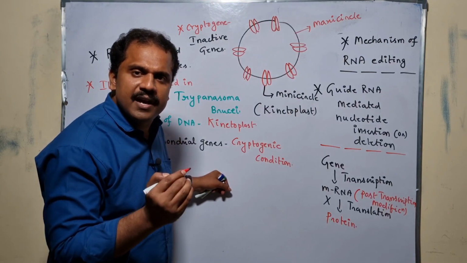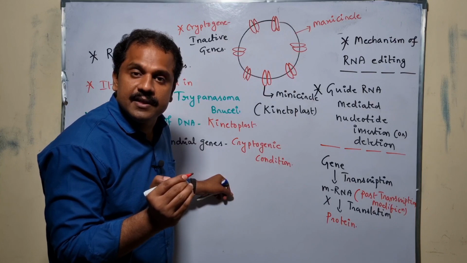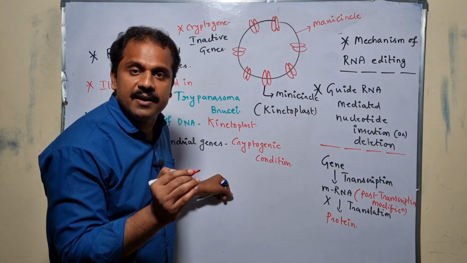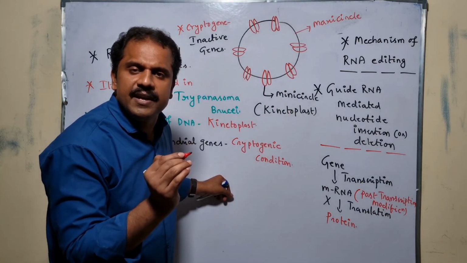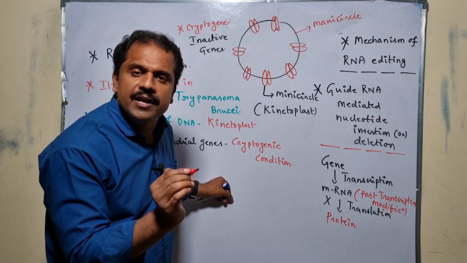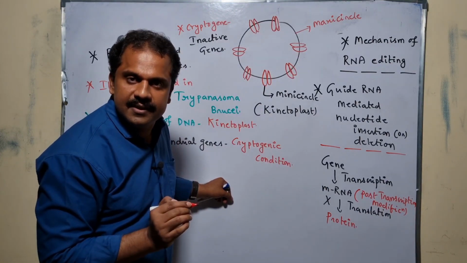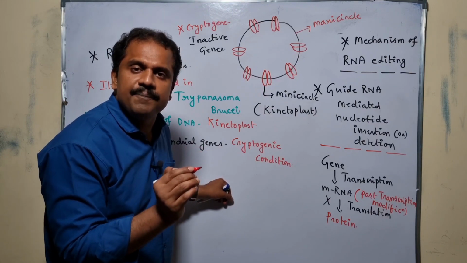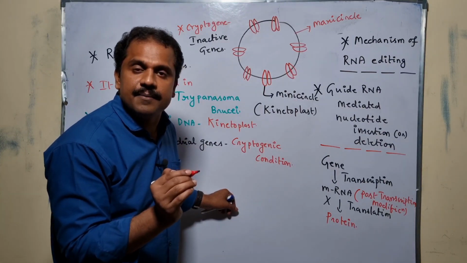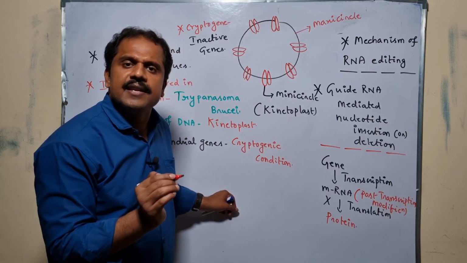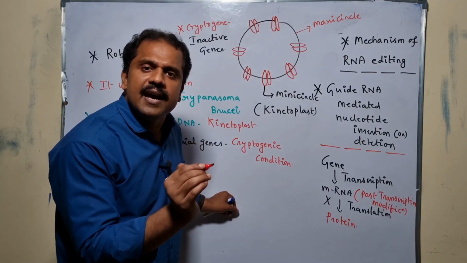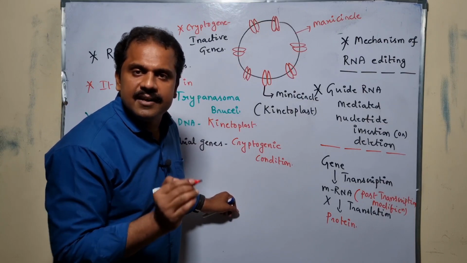So once the specific guide RNA comes into the picture and inserts certain uridine residues into the specific mRNA, now the specific edited transcript, when it participates in the translation mechanism, is capable of inducing the synthesis of protein. Is it clear? So initially the specific mRNA is unable to induce the synthesis of protein, but once the edited transcript participates in the translation mechanism, it is capable of inducing the synthesis of protein. It is because of guide RNA mediated nucleotide insertion or deletion.